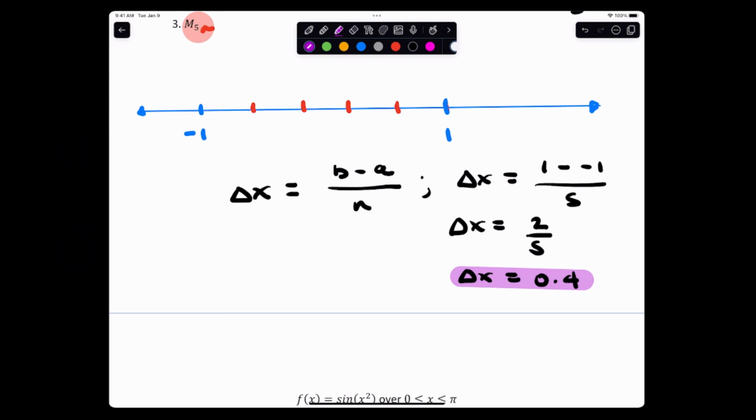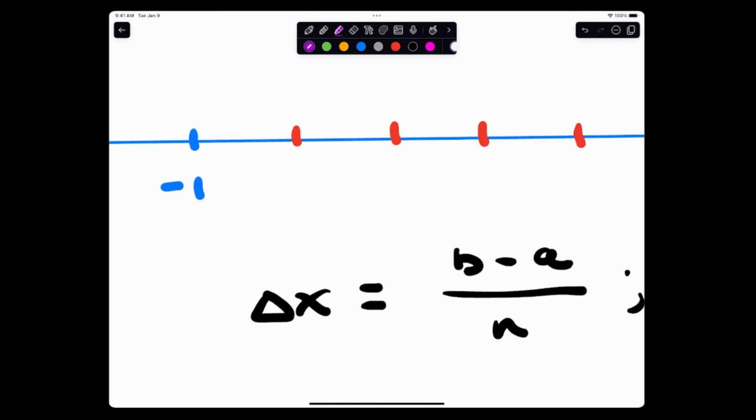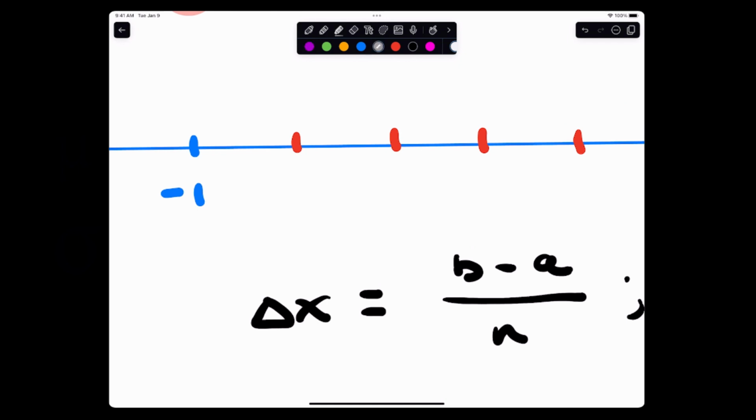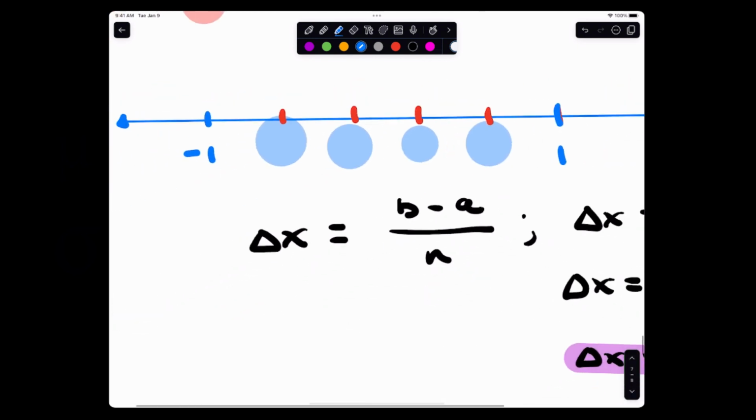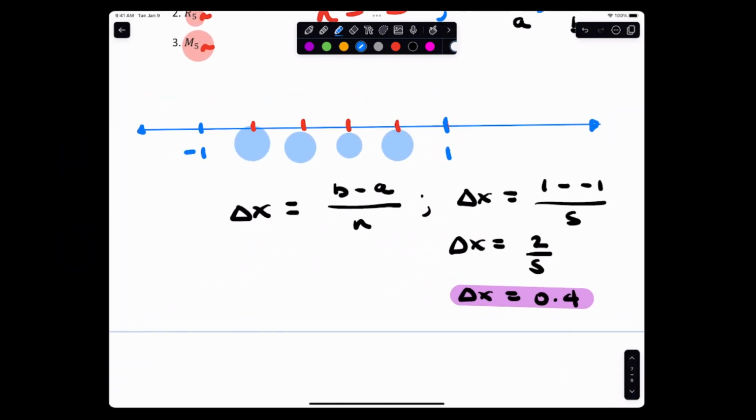So now you're going to have to tell me what each one of these values is, using that delta x. N is the number of partitions, 5.